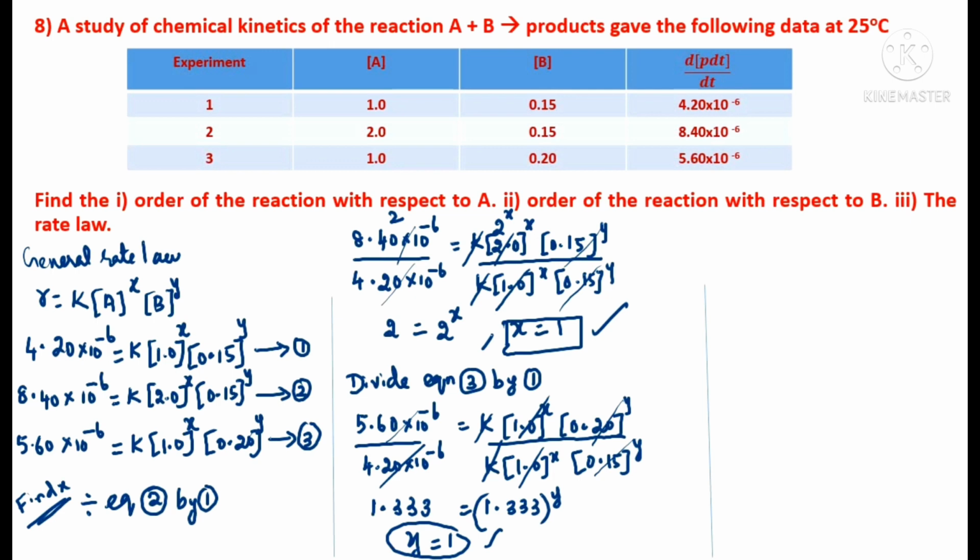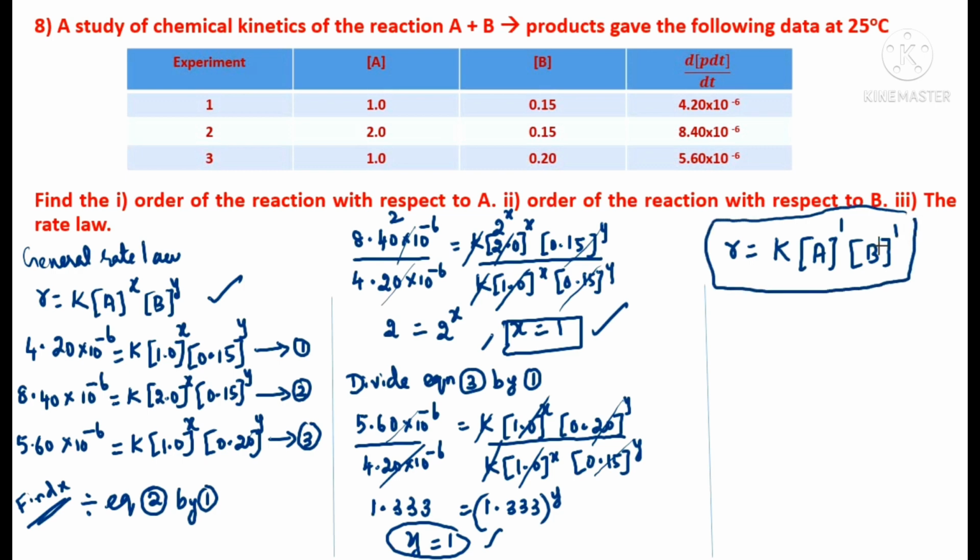What is the rate law? Already we are having the general rate law. Now we are going to use the value of x and y here, so that you will be getting the rate law for this equation. So R is equal to k into A power 1 B power 1. So this is the rate law for this problem.